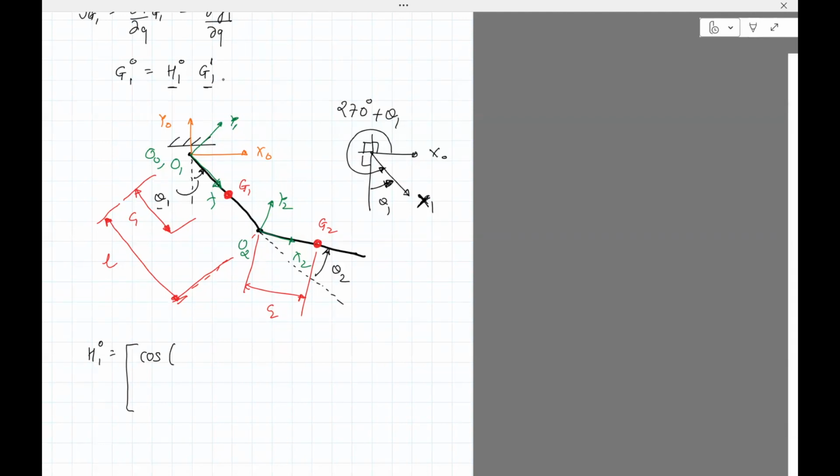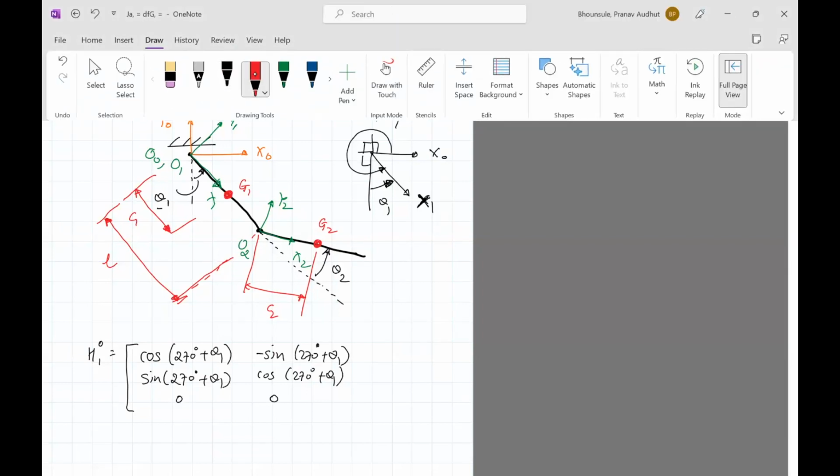So cosine of 270 degrees plus theta 1, minus sine of 270 degrees plus theta 1, sine of 270 degrees plus theta 1, cosine of 270 degrees plus theta 1, and then 0, 0.